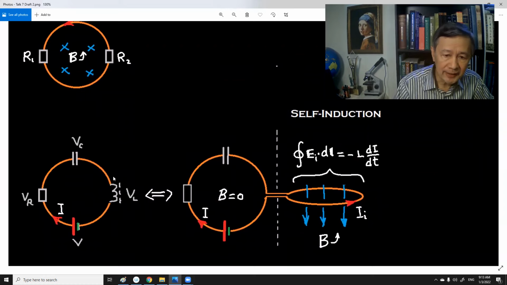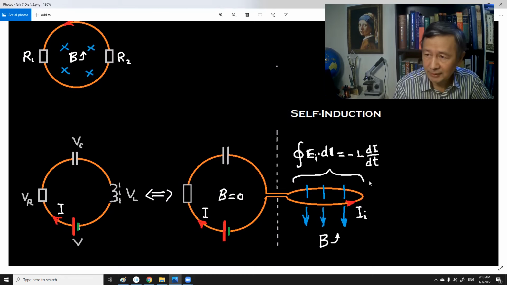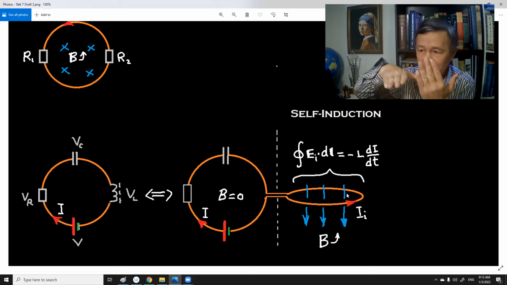So this RLC circuit plus the DC battery can be replaced by this equivalent electrical circuit in which the self-induction is illustrated. Can you see that? I just replace this symbol with a circle which is perpendicular to the plane. Remember, this is a 3D diagram.